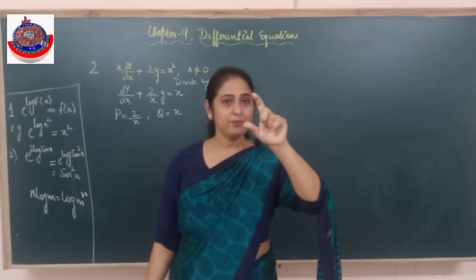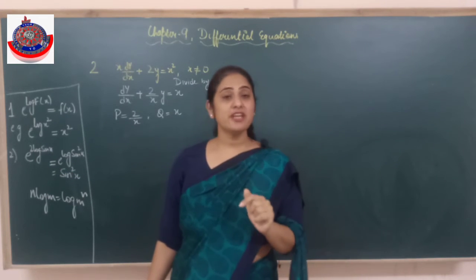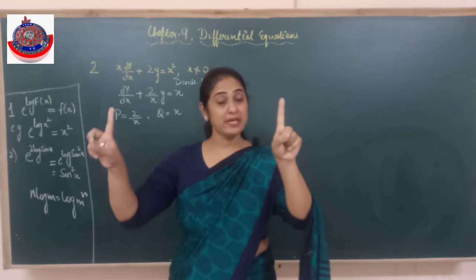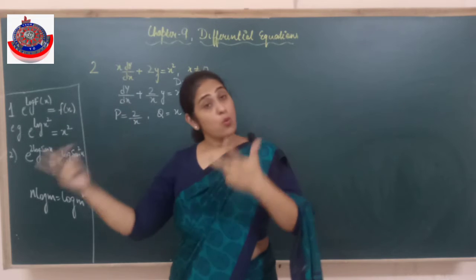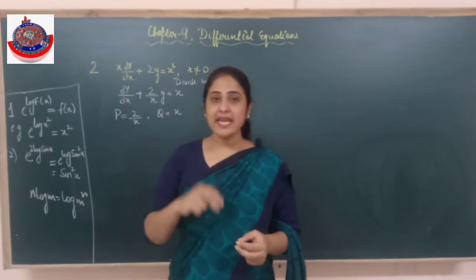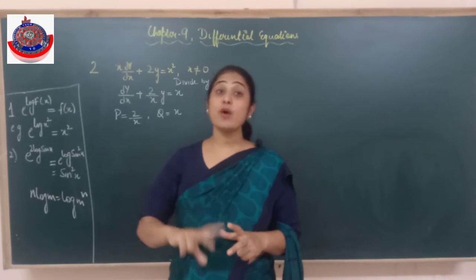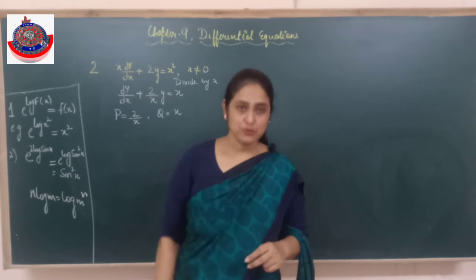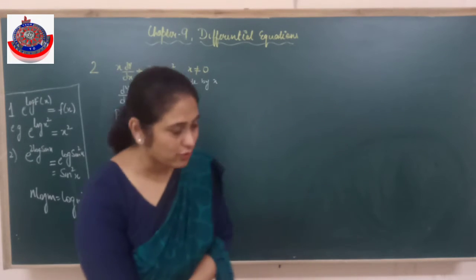And in dx upon dy, it is dx upon dy plus px is equal to q, where p and q are functions of y. Clear? So if you see one x and many y's, or one y and many x's, it means the question is going to fall under linear equations somewhere. So you have to be careful about it.